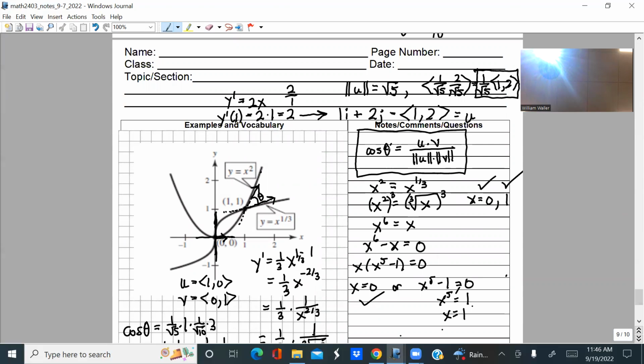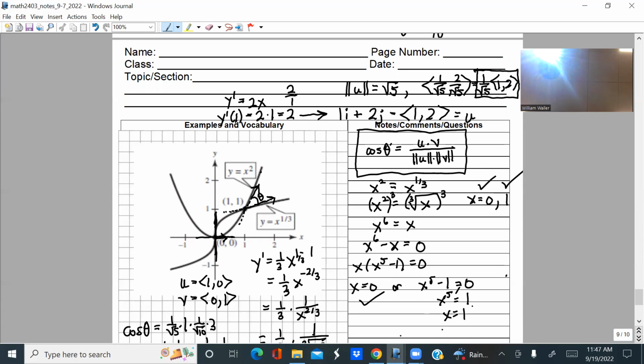So if the angle is 90 degrees, if they're perpendicular, then this fraction has to turn out to be 0. But the only way this fraction can be 0 is if the top is 0. So that means the dot product has to be 0. That's a test for perpendicular vectors. If you take their dot product and get 0, then you know they're perpendicular.